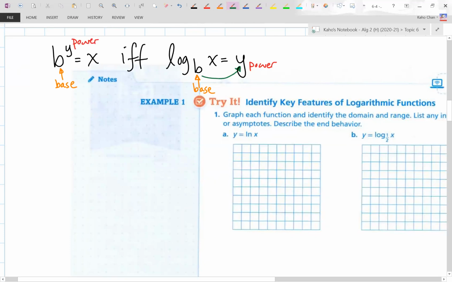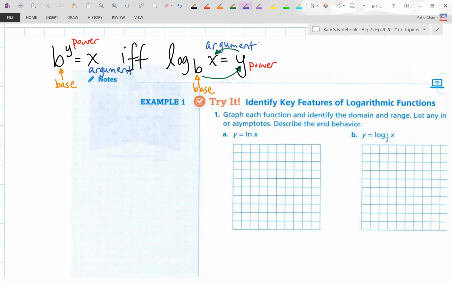And most boomerangs, unless you throw it really bad, come back. And what it comes back to is something called the argument or the answer. Okay? And that's how you utilize the log function on your calculators. It can figure out the answers for you. We used to have log tables or these pages of things that are in the back of our book that we looked up for answers.